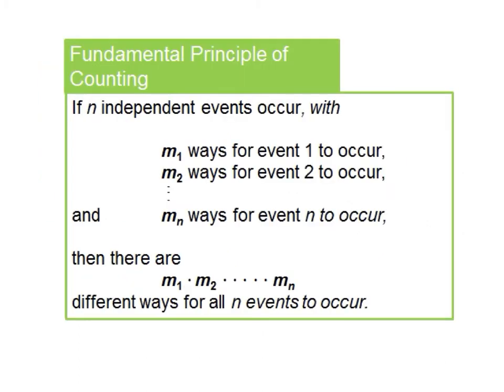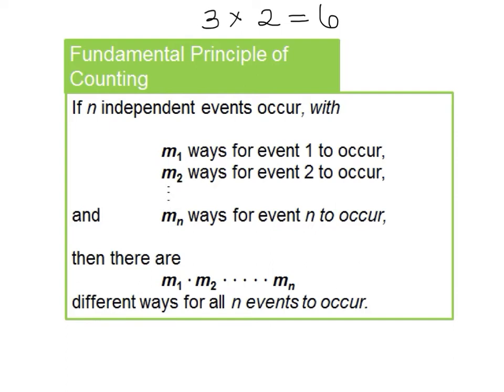Now, hopefully, one thing that you thought about in that last example was that we had 3 ways to get from Albany to Baker and 2 ways to get from Baker to Crestwich, and we had a total of 6. So what happens is the fundamental principle of counting, which is what you see in this green box.